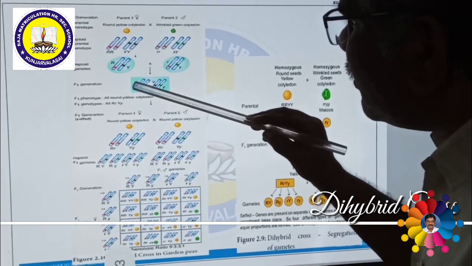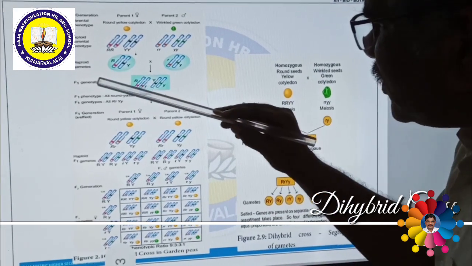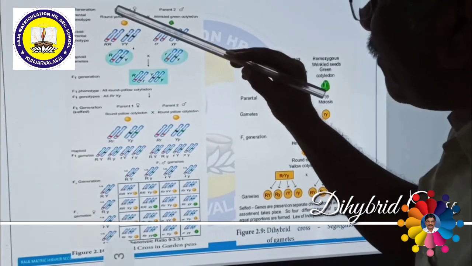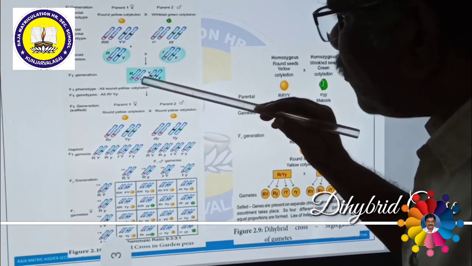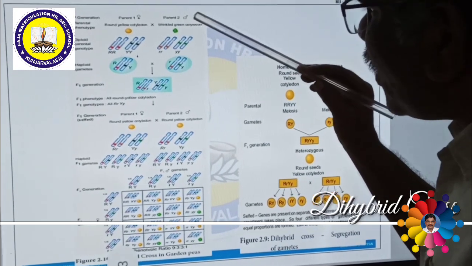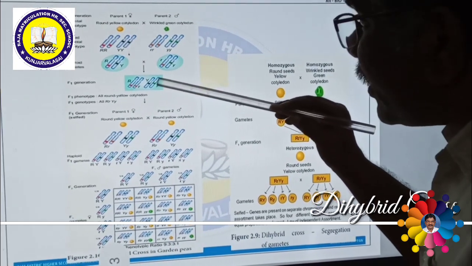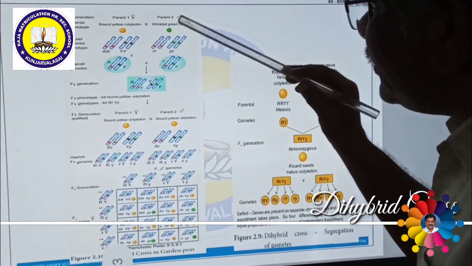The phenotypic character that appears in the F1 generation is called the dominant character. So round and yellow are dominant. Even though small r and small y are available for wrinkle and green color, wrinkle and green do not appear in the F1 generation. That is why these are recessive.